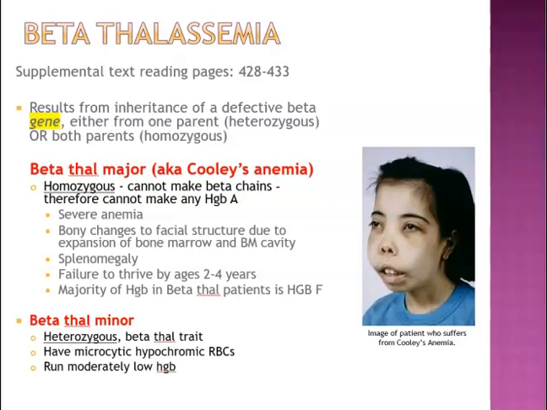And you can see the image of the patient with Cooley's anemia or beta thalassemia major, and you can see how the facial bones and structure are a little bit deformed, and that's because of the expansion of the bone structure because of the bone marrow and the bone marrow cavities.